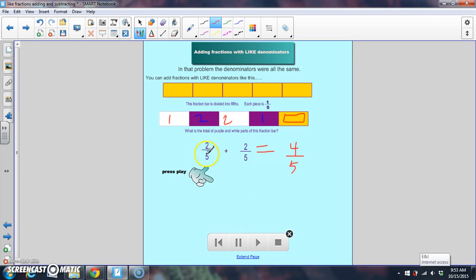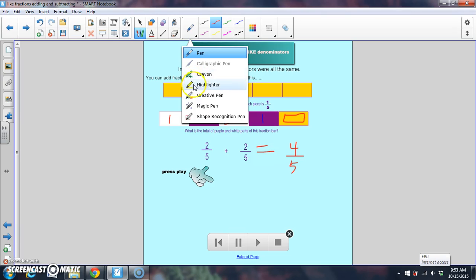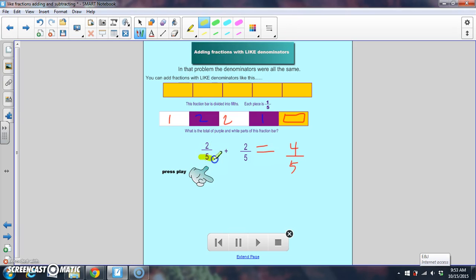What do you notice about how we're adding these? What is changing? What is staying the same? You may have noticed that the denominator in all 3 of these situations stayed the same. The numerator happened to be the same in these 2, but we added them together to make 4.